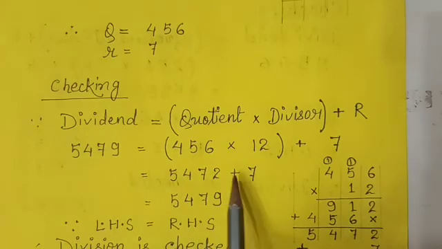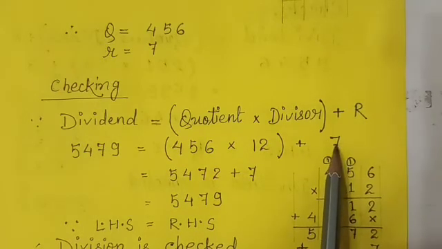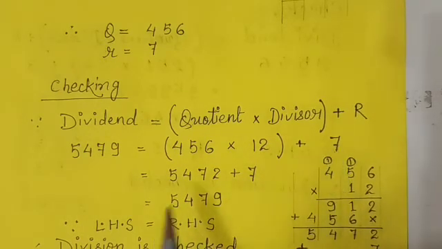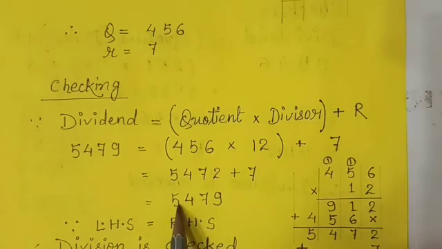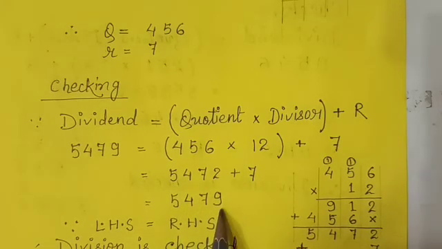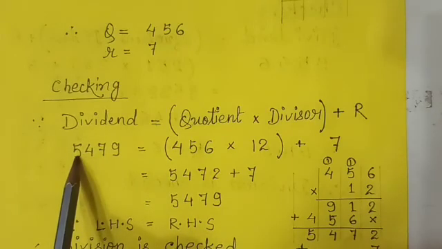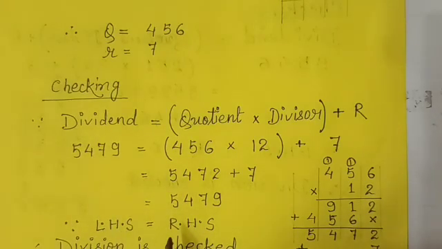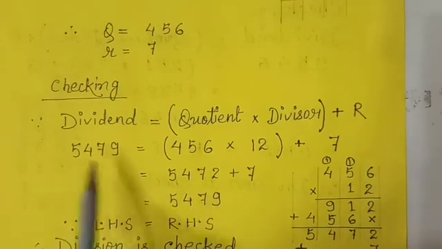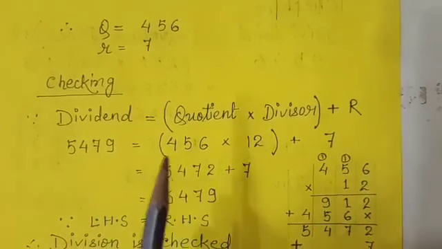This number will be added to this remainder, leftover number 7. After addition, we are getting 5479. It is the left hand side number. That means the left hand side number and the right hand side number both are equal, means our division is correct.